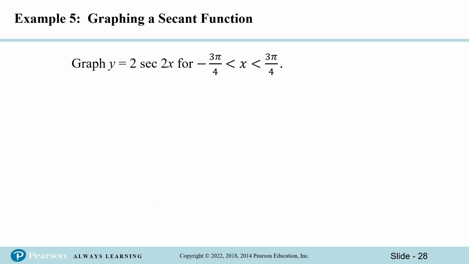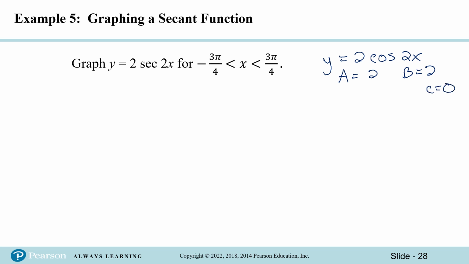Graph 2 secant 2x. Secant is a reciprocal of cosine. So what we're going to first do is graph y equals 2 cosine 2x, with a equal to 2, b also equal to 2, and c equal to 0.